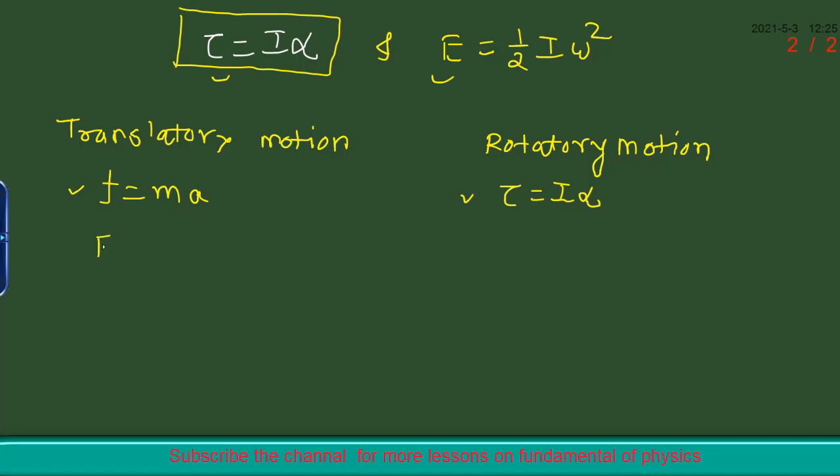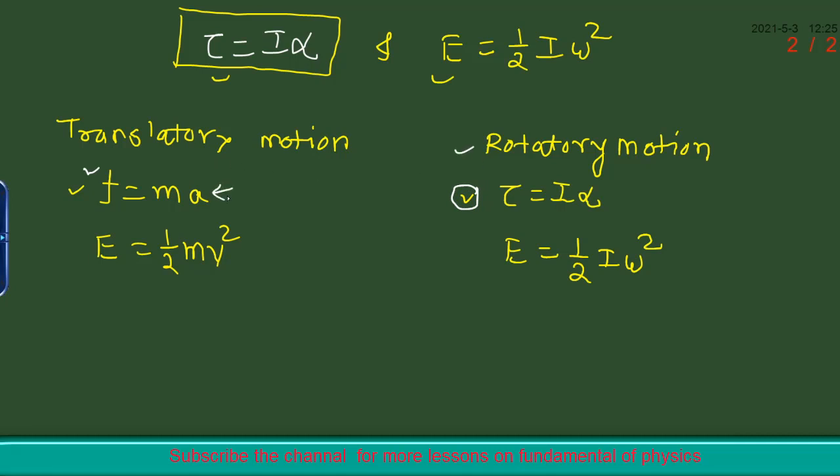Similarly, the kinetic energy in translatory motion is given by half of m into v square. Kinetic energy in rotatory motion is given by half of I into omega square. Now comparing these equations, force in translatory motion performs the same role as that of the torque in rotatory motion.